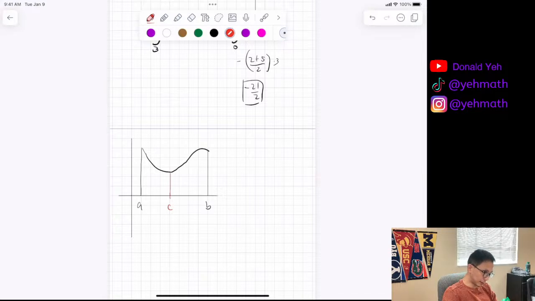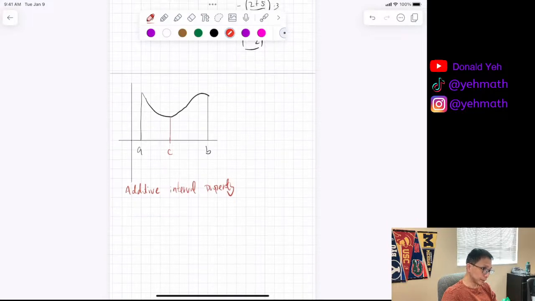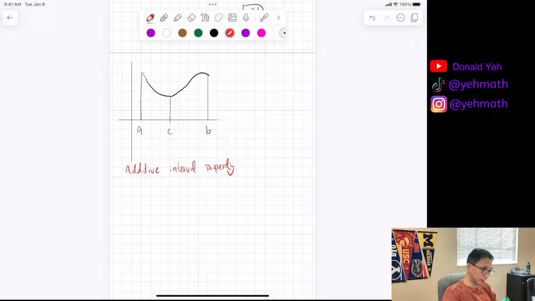So this is called the additive property, or interval property. If I say integration between a to b of f of x dx, it must equal what? a to c plus c to b. Yep, because they're just areas, they can add.